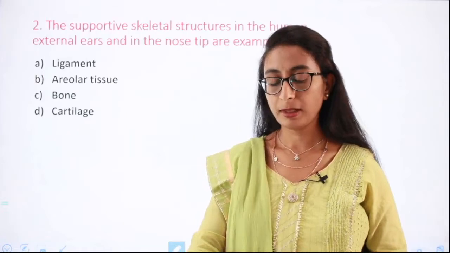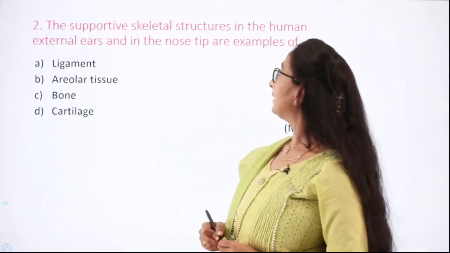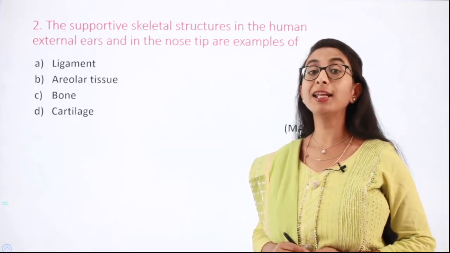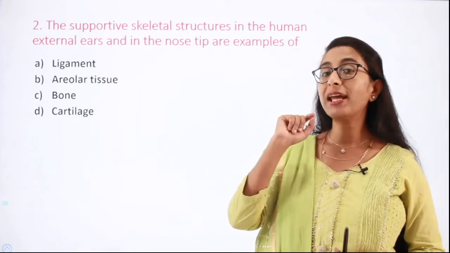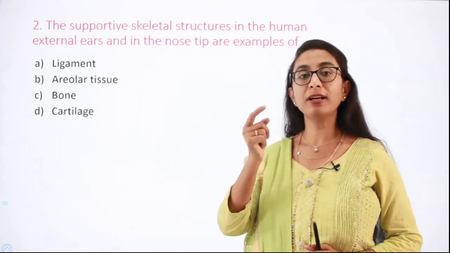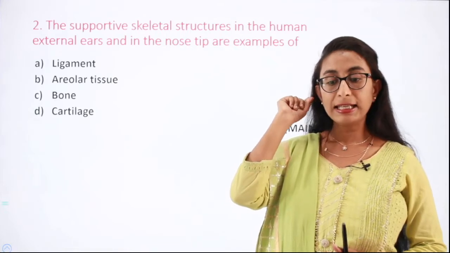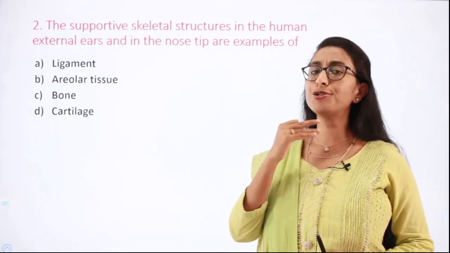Next, the supportive skeletal structures in the human external ears and in the nose tip are examples of. So, which is the type of connective tissue which we have in our nose tips and in our ear pinna? That is the cartilage or bone or areolar tissue or ligament.